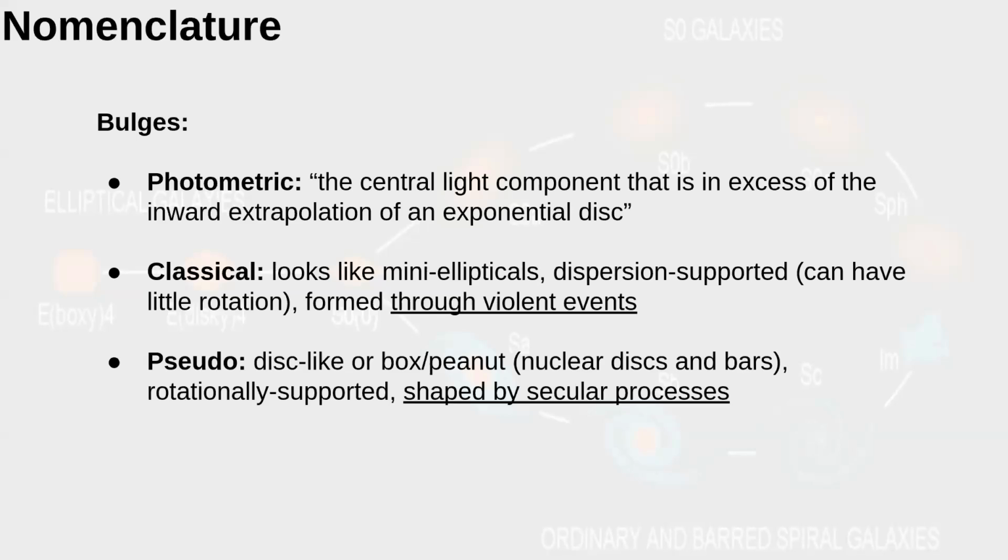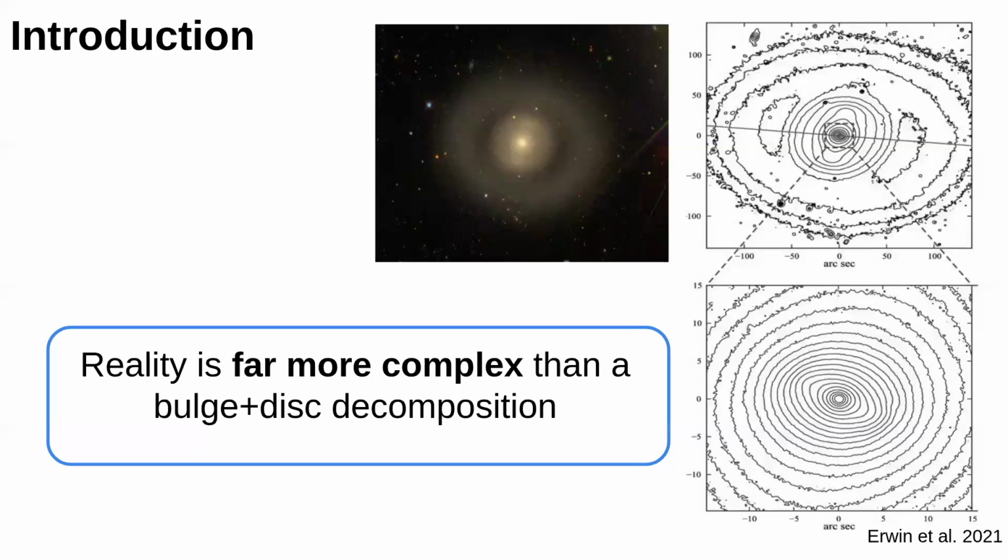So one problem in the context of the two-phase formation scenario, or of the interpretation of the results before, is nomenclature. We need to be careful when we treat photometric bulges automatically as classical or pseudo bulges if we don't have the kinematics. The second point is that bulge disk decomposition is an oversimplification of reality.